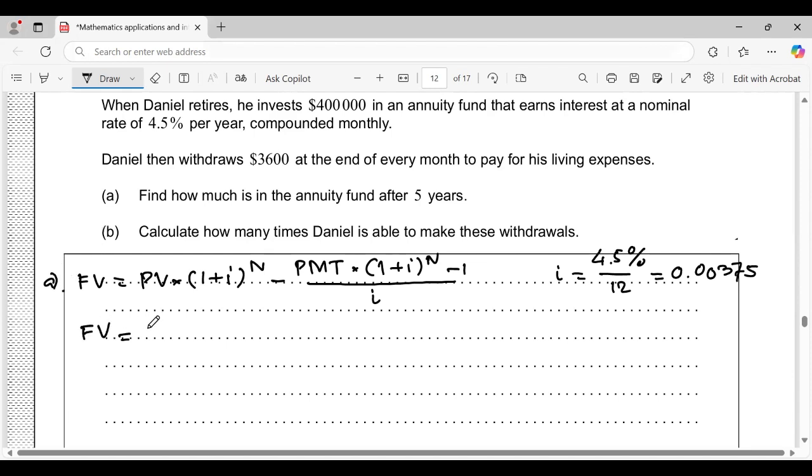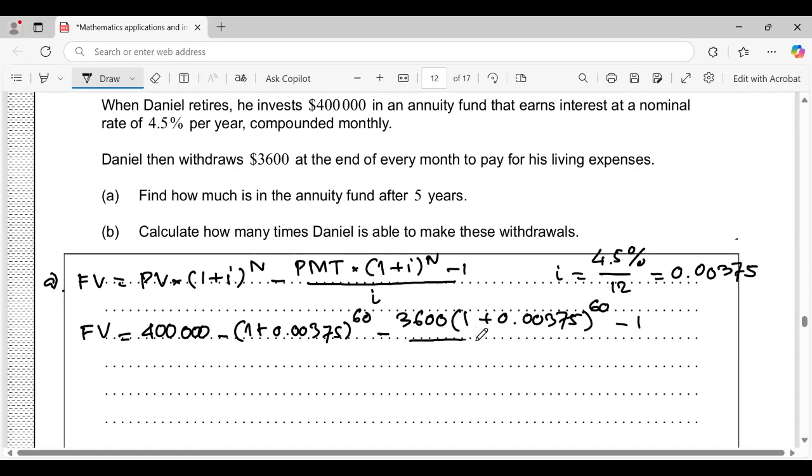So the final value becomes 400,000 times 1 plus I, which is 0.00375, to the power n, which is 60, because 5 years equals 60 months, minus 3,600 times 1 plus 0.00375 to the power 60 minus 1, divided by 0.00375.